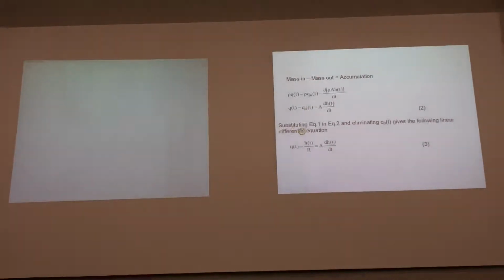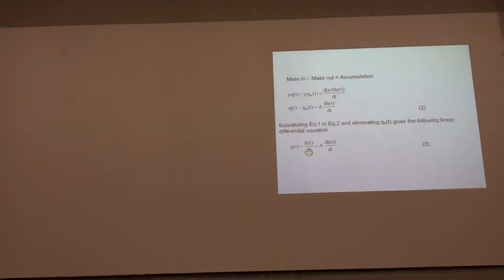So if we recall earlier that Q outlet here is also equal to H divided by R, this one is given in the question, right? So if I sub this in, I can eliminate another unknown here. So I link the Q incoming to the water level: equal to area multiplied by the change of the level in the tank.